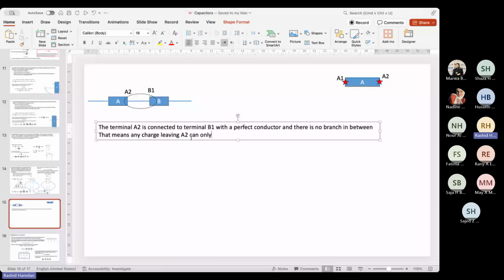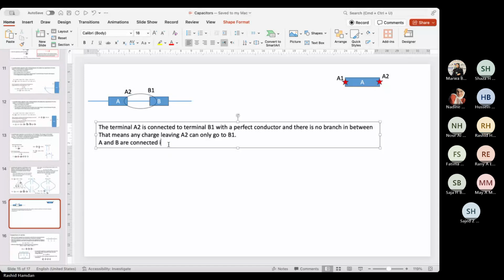But of course the charge, positive or negative, meaning if negative charge is leaving from A2, B1 becomes negative and A2 positive, and vice versa. Later on we're going to see that that applies also for current because current is the flow of charge, but we didn't define current yet. So this is called a series connection. So A and B are connected in series. So I call it a series connection.